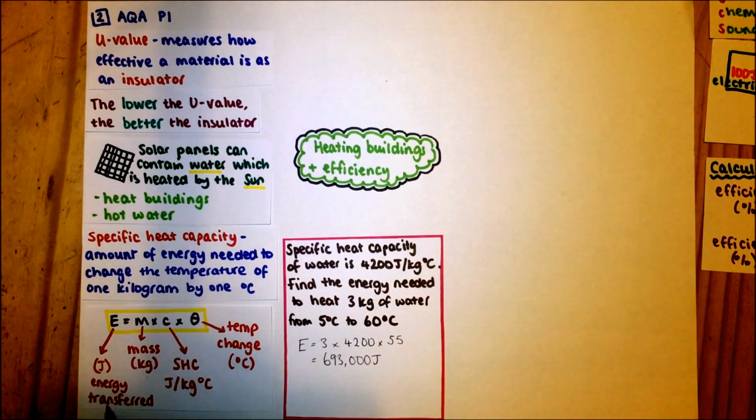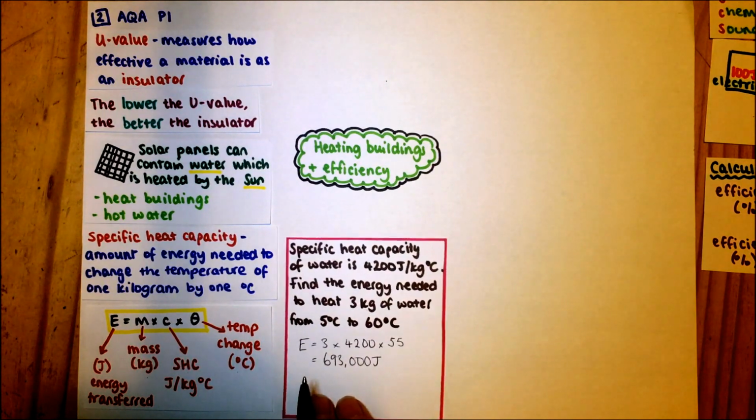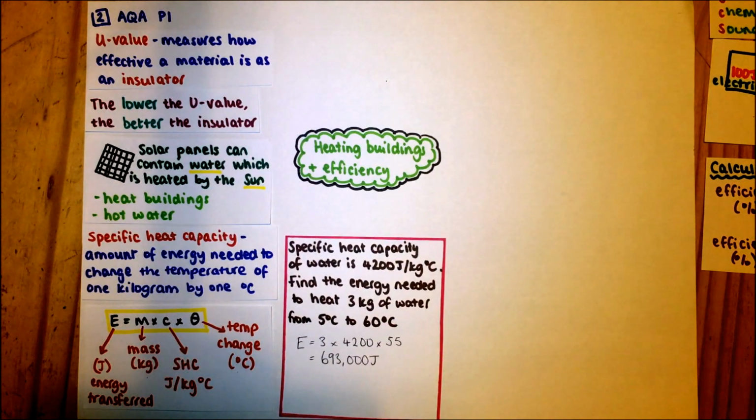So energy transferred, E, equals the mass, which is 3 kilograms, times the specific heat capacity of water, times the temperature change. So from 5 to 60 is 55, and then we get the answer in joules. Okay, rather large number, but obviously we could convert it to kilojoules if we needed to, or the exam required.